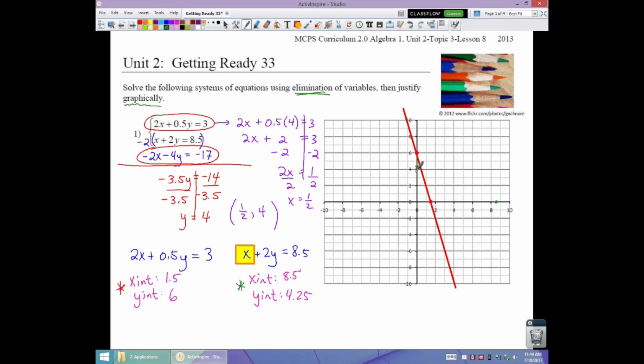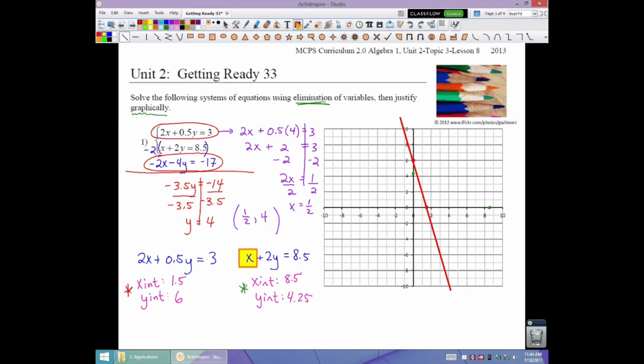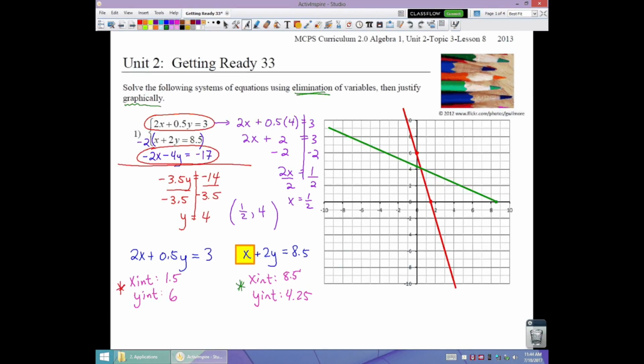Excuse me. So there. And then let's graph that line. So does it look as if those two lines intersect at 1/2, 4? Yes, that is quite possible to see that point as 1/2, 4.